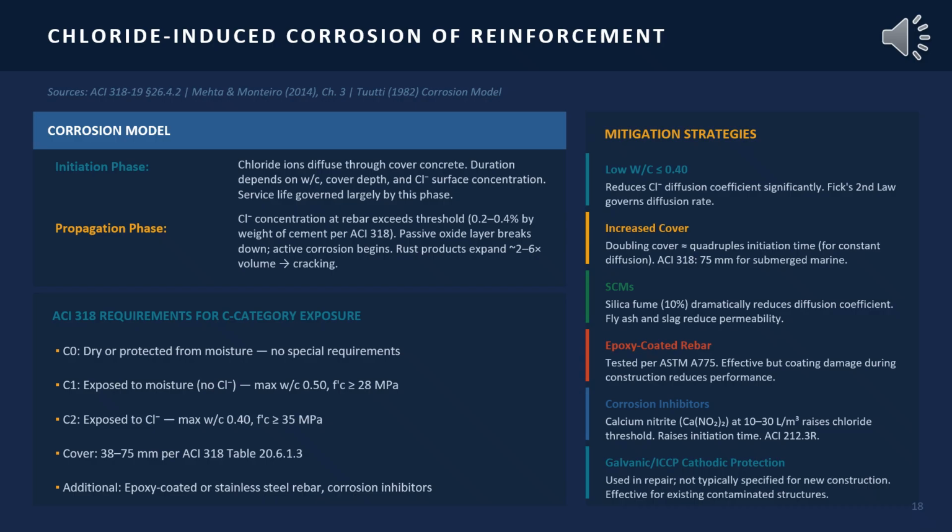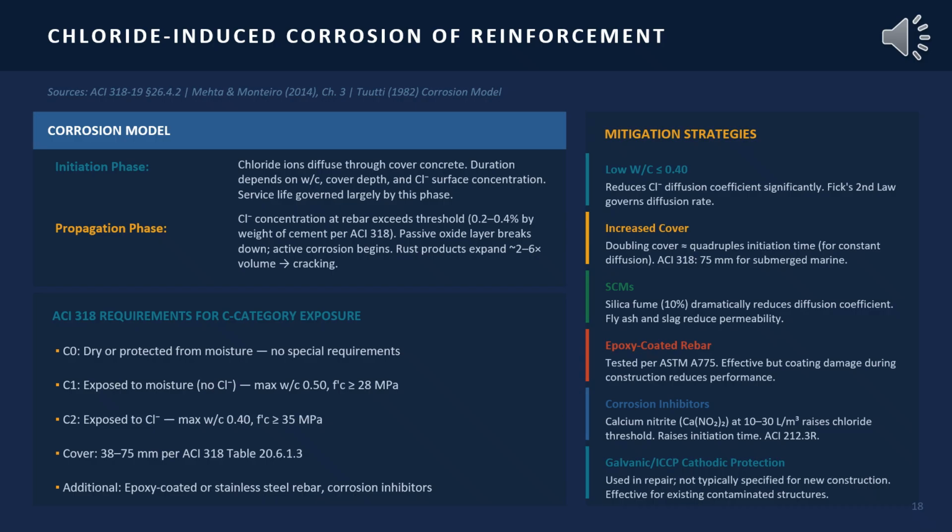For the initiation phase, chloride ions diffuse through the concrete cover from the external environment, seawater spray, de-icing salt, or coastal atmosphere towards the embedded steel. The concrete provides a passive alkaline environment that normally protects the steel. Fresh hydrated paste has a pH of 12.5 to 13.5, which maintains a stable protective oxide film on the steel surface.